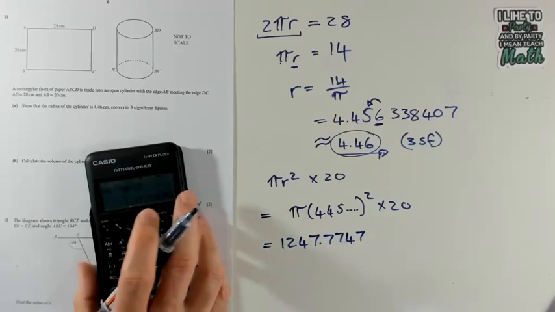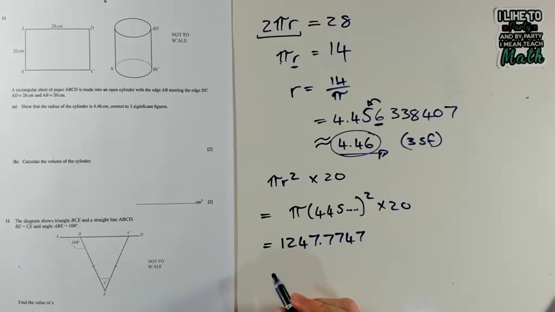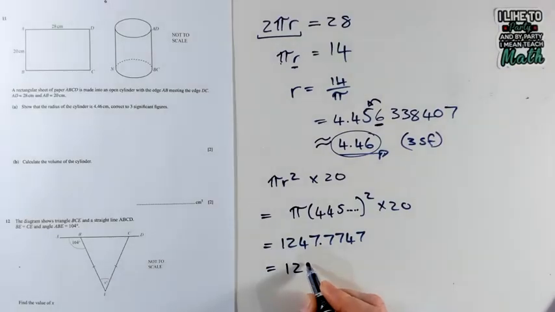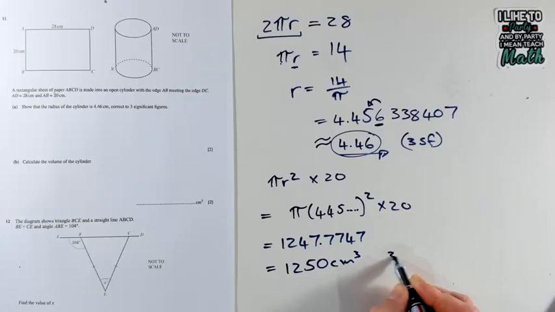And then I get 1247.774. I like to write all the digits so that whoever's marking knows that I think they're important. And then from here, I don't think they say 3 significant figures, but I'm going to at least do the whole number. I think 1250 should be good.